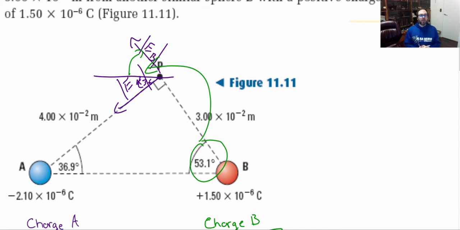Then we combined my x vectors together for the fields, and we combined my y vectors together for the fields. With that, I could use the Pythagorean theorem to figure out my resultant when I add these two vectors together. And from there, I could also get my angle using tan.